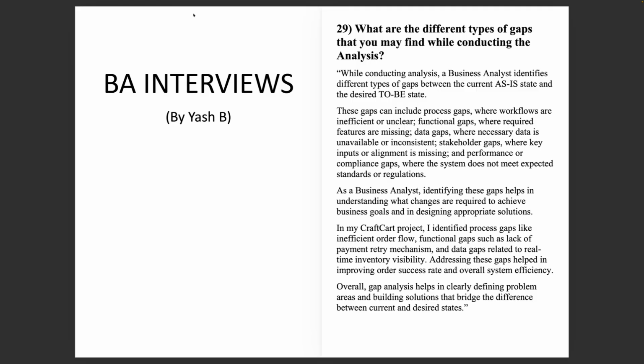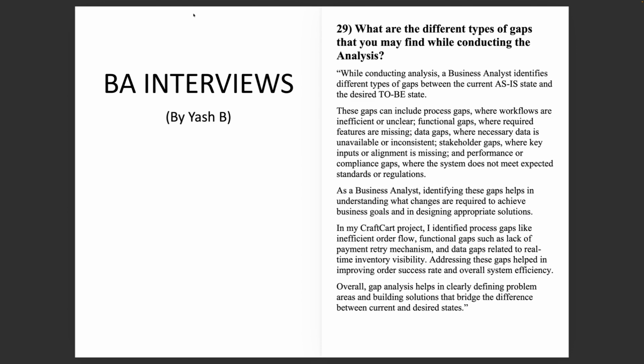So, a real life example which I could give for now is, suppose a restaurant uses a manual phone call system for food delivery orders. During analysis, a BA may identify process gaps, functional gaps, data gaps, technology gaps, and performance gaps.